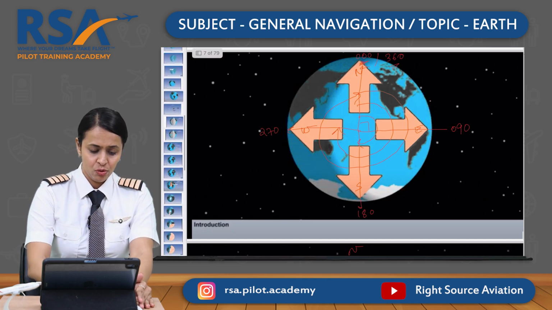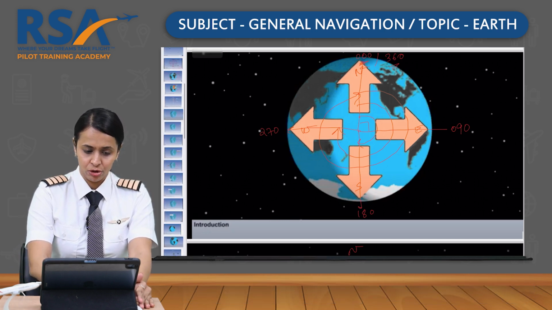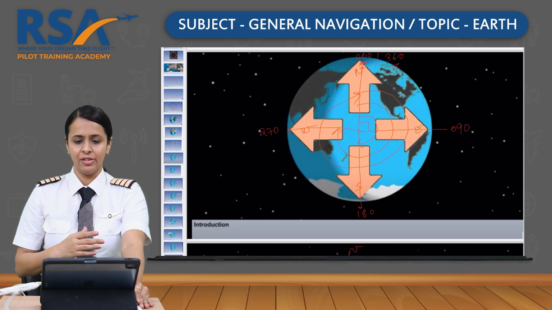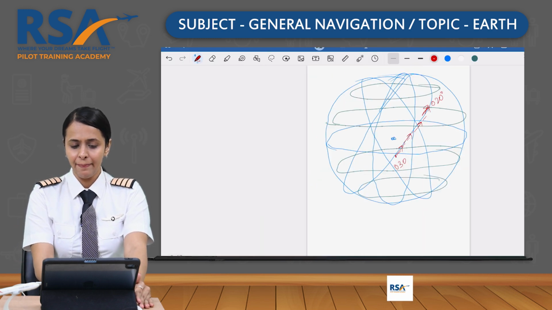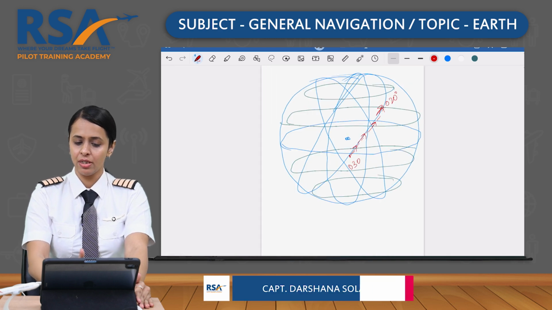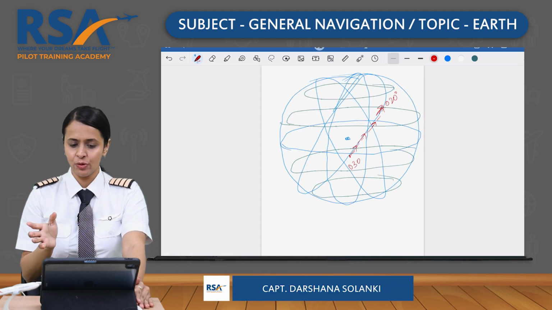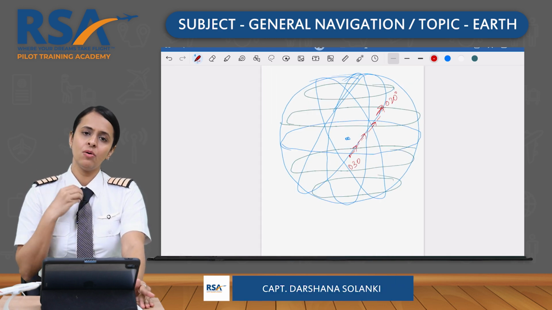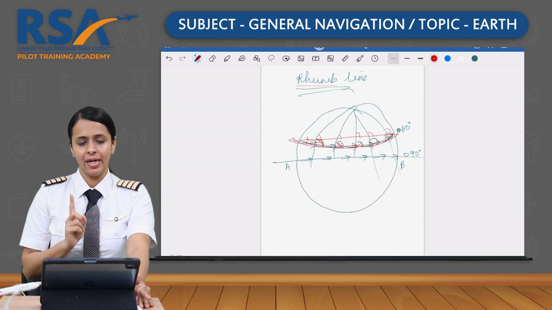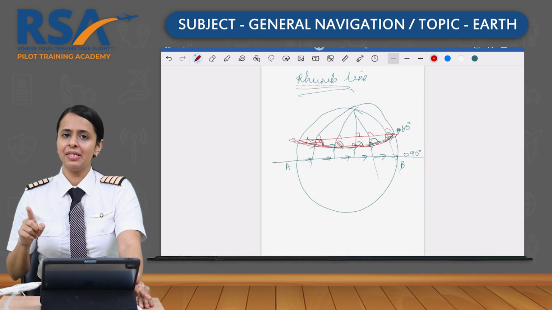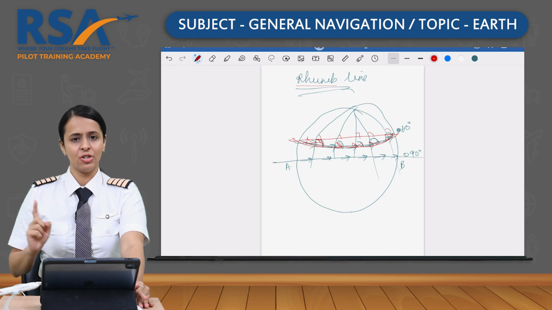After this, I showed you what is latitude and what is longitude and how do you calculate latitude and longitude. After that, we also did 3 main definitions, which is your great circle, the largest circle that you can draw. Small circle is anything that is not a great circle, and a rhumb line is a line that cuts all the meridians at the same angle to maintain a constant track.